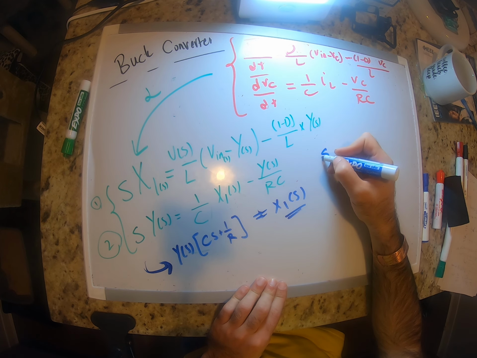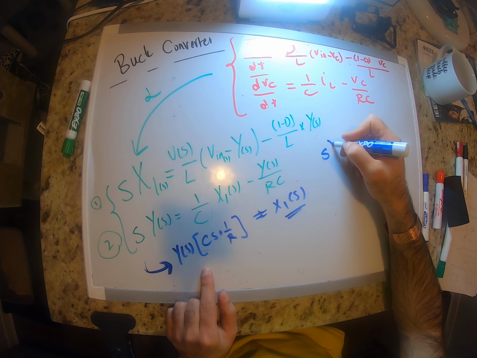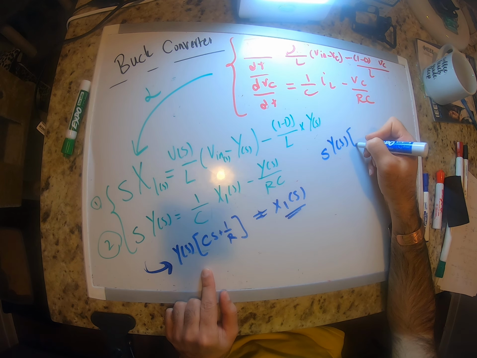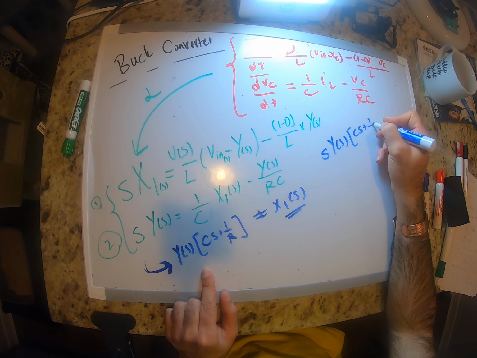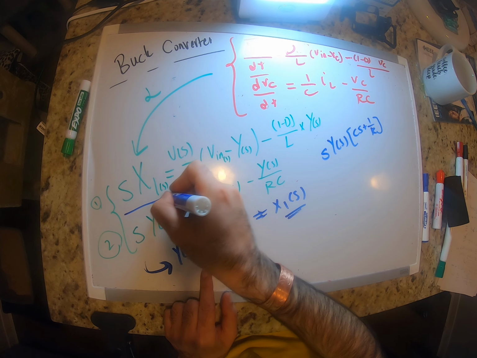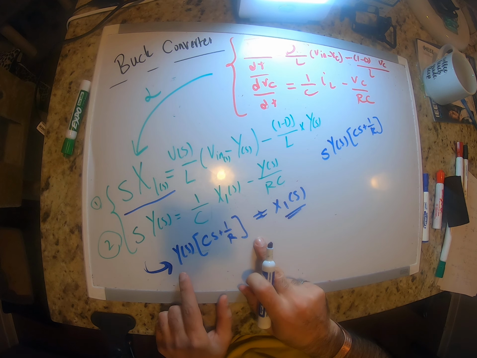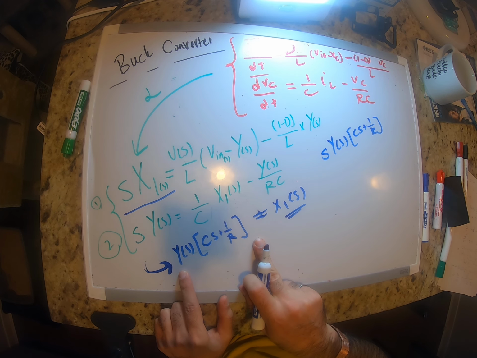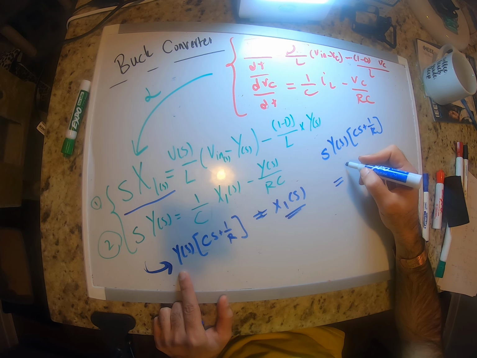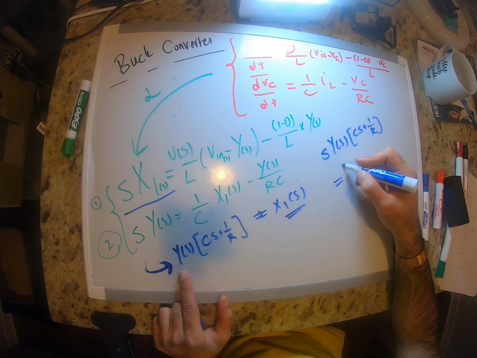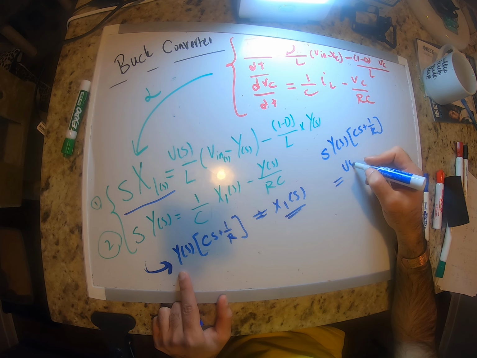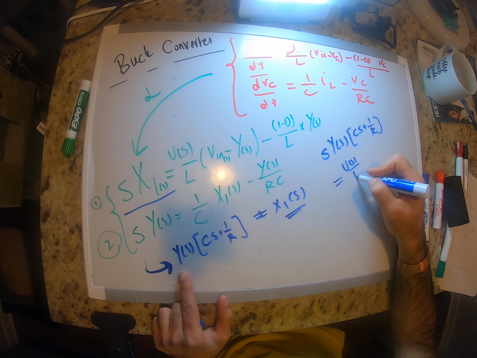Means that S times Y of S times CS plus 1 over R, which I replaced with its equivalent here, is equal to U of S divided by L.